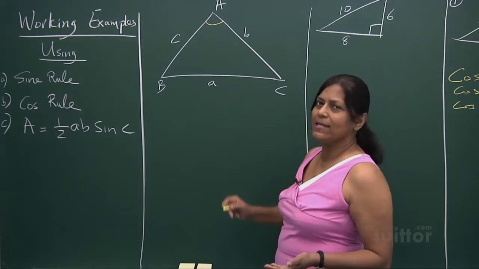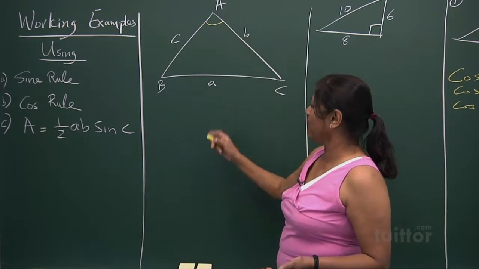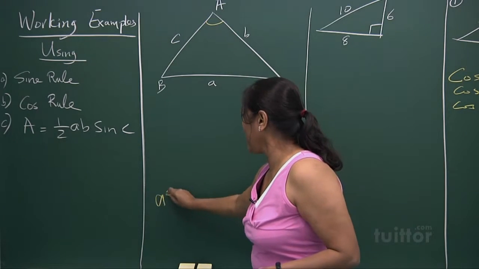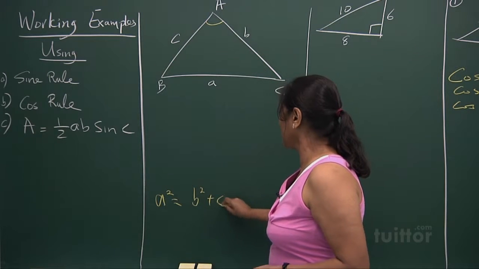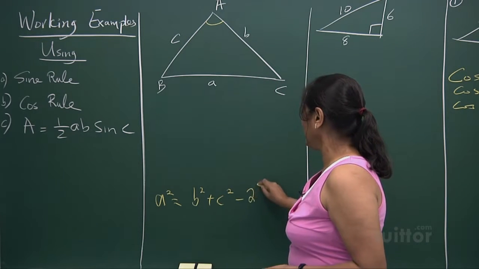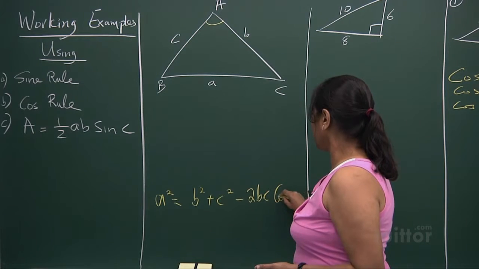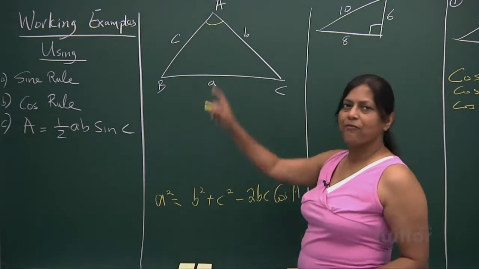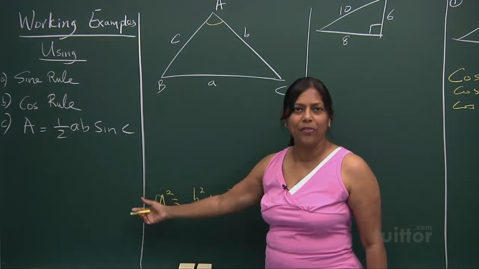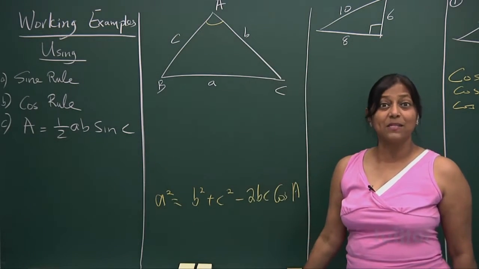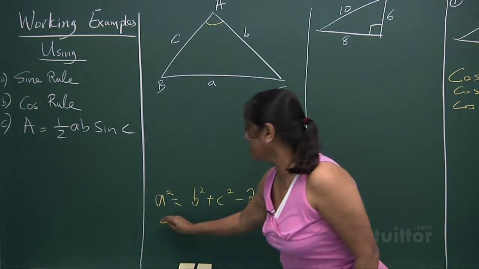How do you find out what is A? We make this small a the leader: a squared equals b squared plus c squared minus 2bc cos A. We want to find out what is A. Move this whole formula over, minus becomes a plus. So what's cos A going to be?